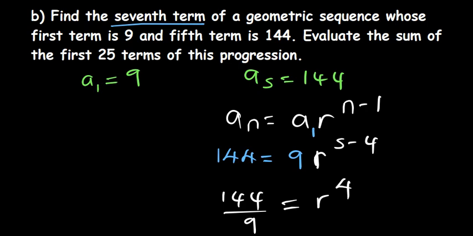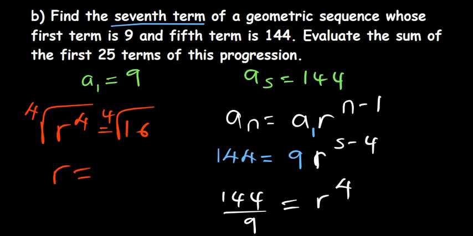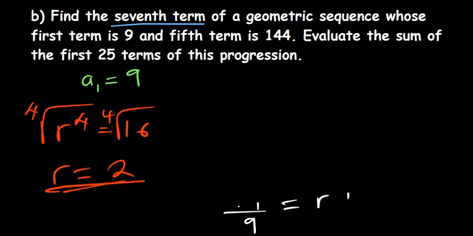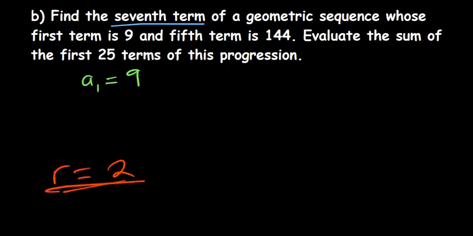Divide by 9: 144 divided by 9 is 16. Find the fourth root on both sides, and r becomes 2. So we found what we actually needed. Our r is equal to 2.